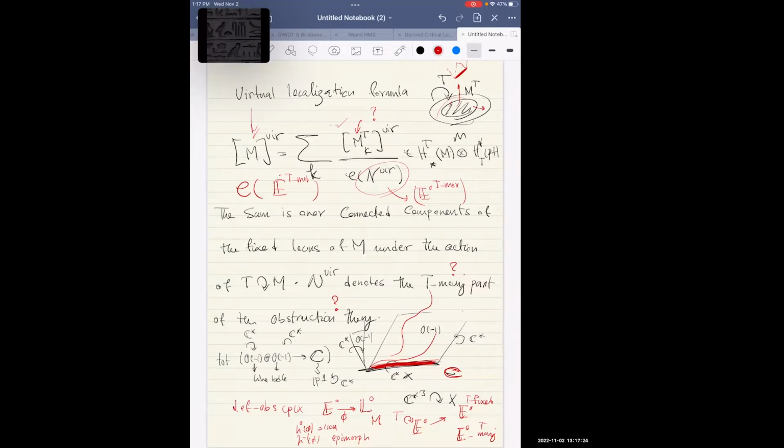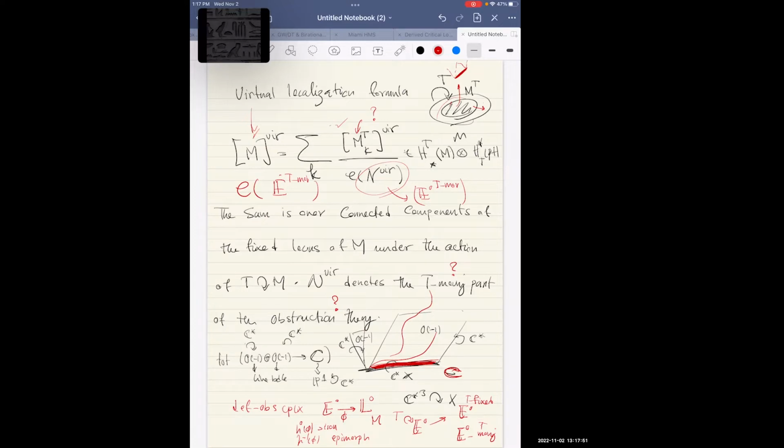So it's not going to be a locally free sheaf. There's an obstruction for it becoming locally free. And that obstruction makes it into something that, if you take its cohomology in K theory, for instance, will have H0 part minus H1 part plus H2 part minus H3 part, and so on and so forth.